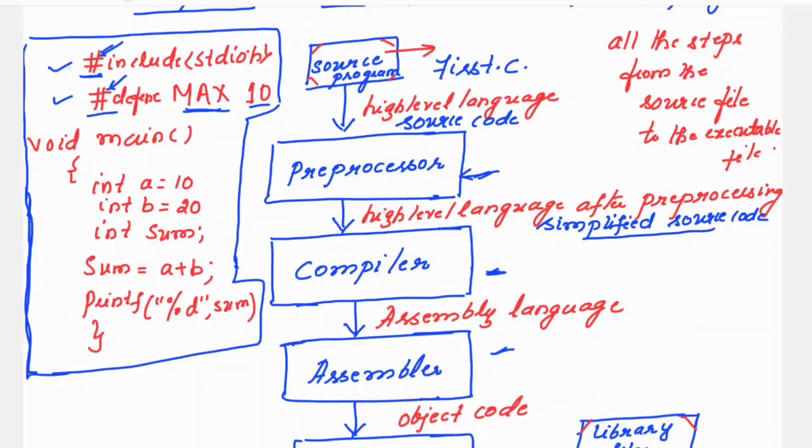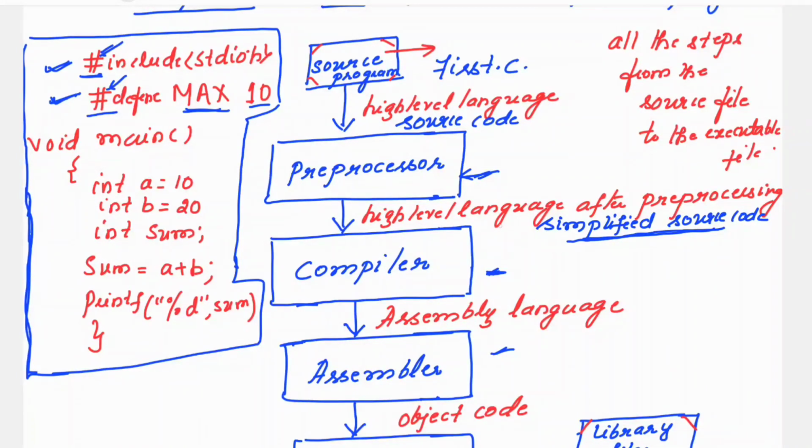So in our program we have two such statements like this, hash include stdio.h, and there is one more hash define, that is we have defined a macro here. So these two statements are what has to get translated by the preprocessor, and then it will get included in the source code and that code becomes a simplified source code.